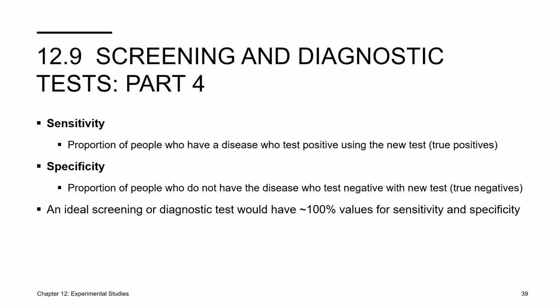So an ideal screening or diagnostic test would have 100% values for both. I would say most of them would have a higher value for one or the other, but at least 60 or 70 up to 90 would be wonderful, but realistically not all tests are that sensitive and specific.